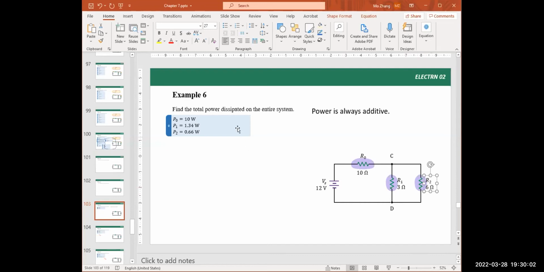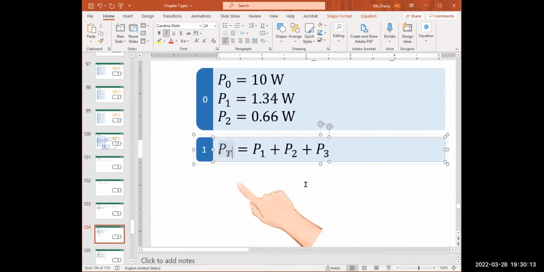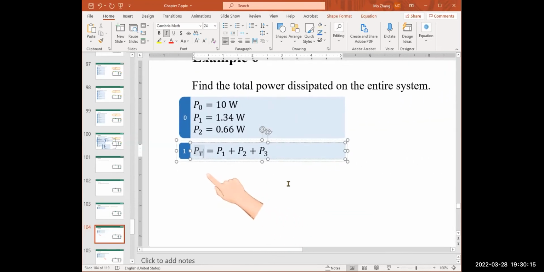To find the total power dissipated on the system, we just add them up. So total power, let's call this PT. PT is P0 plus P1 plus P2. That's the correct naming: 0, 1, 2.